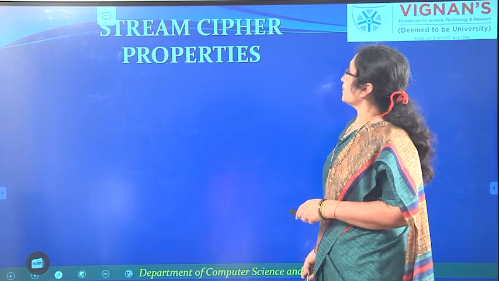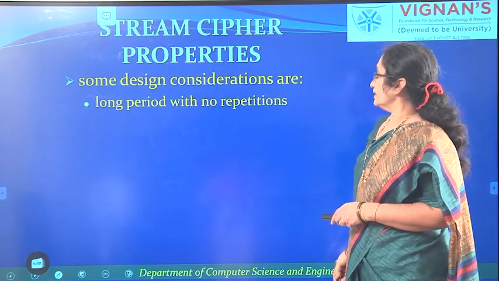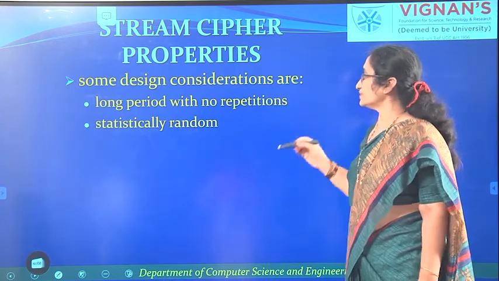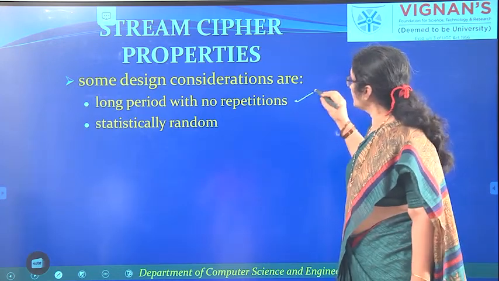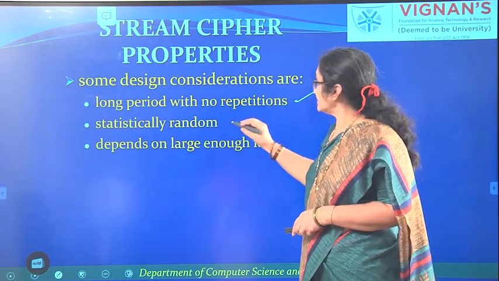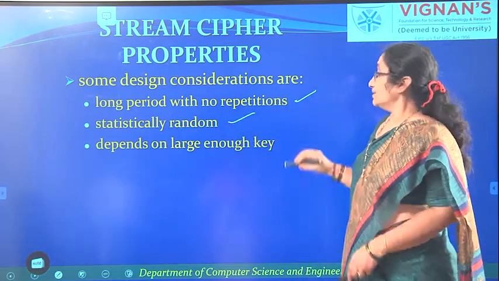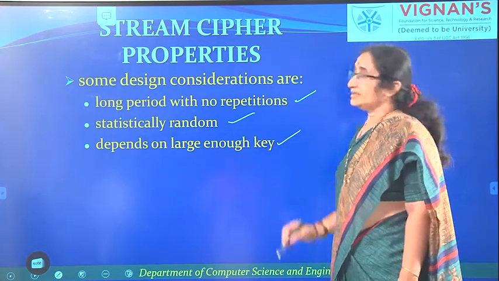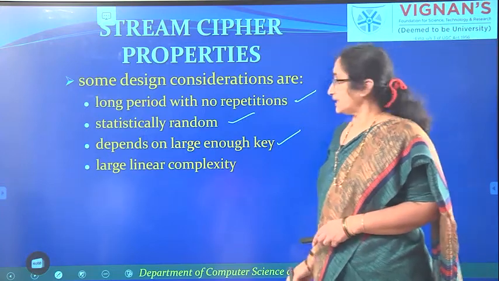So, what are the properties of this stream cipher? When you are designing a stream cipher, it should have long periods with no repetitions, it should be statistically random, and you have to use a large key. If the key is large, then it will be difficult to cryptanalyze.